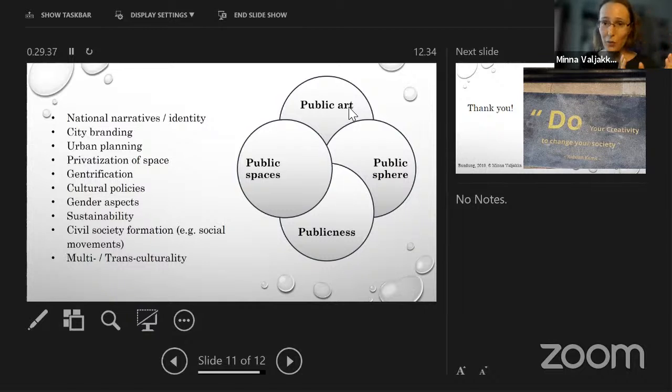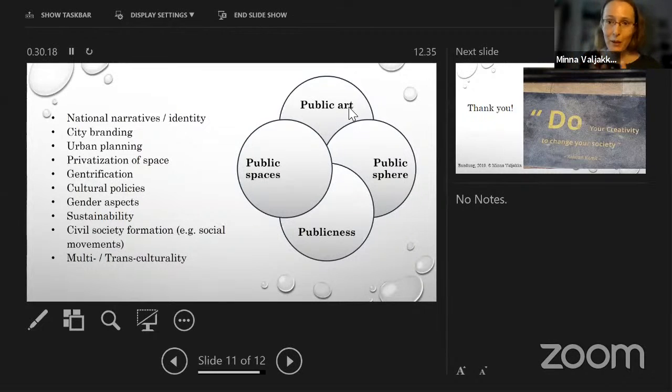So it is good to understand what kind of public spaces are around you and how this relates to the public sphere, the notion of, for example, social media and the media discussions, and how this all relates to the notion of publicness. So what is the public and what is the role of the public in the public artwork? So all these four key concepts are quite important to start to understand how they all interrelate with each other and form the field of public art in itself.